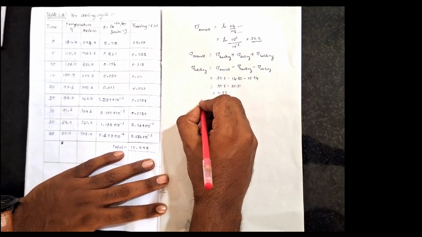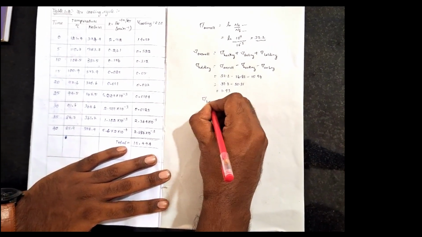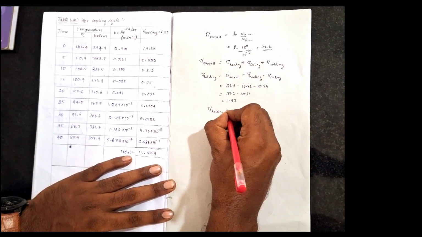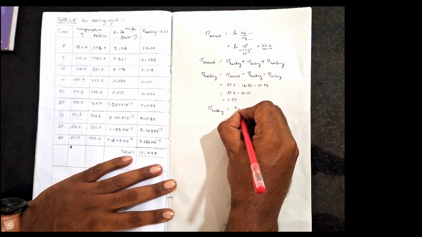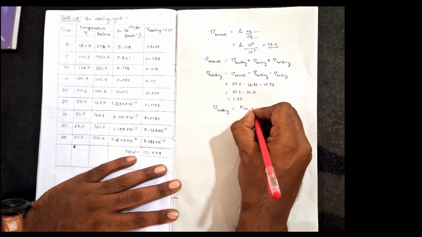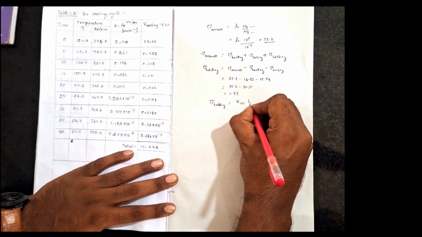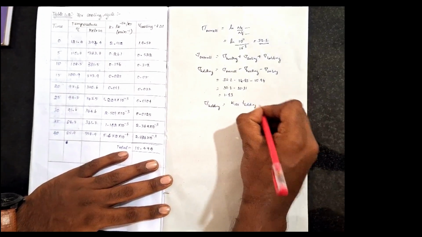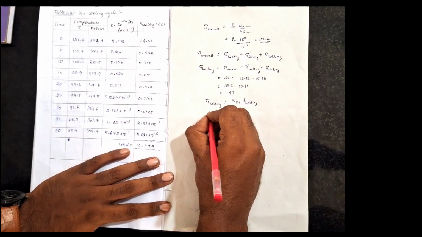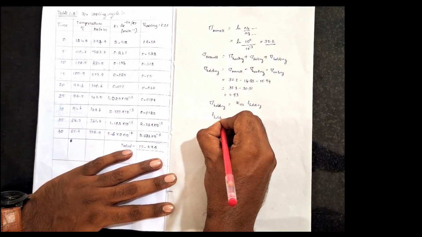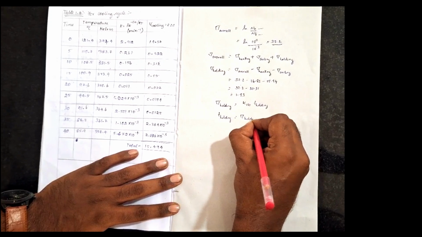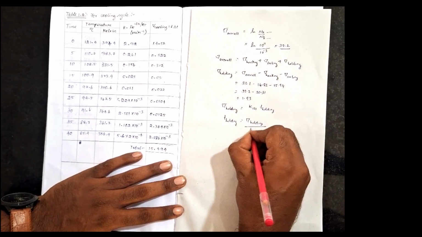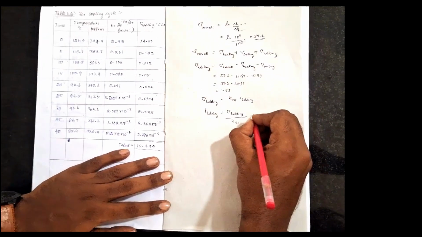Already we know the equation, del holding is equal to K at the holding temperature, which is 121 degrees Celsius, into T holding. T holding is the holding time. So the holding time can be calculated as del holding divided by the K value at 121 degrees Celsius.